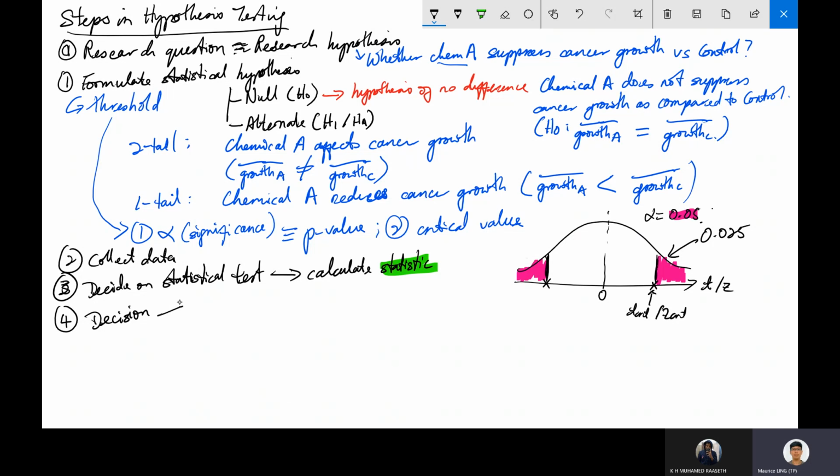When I say accept, it means you fail to reject the null hypothesis. If you fail to reject the null hypothesis, you then accept it. Once you accept the null hypothesis, don't say even a single word about the alternate hypothesis. Any word that you say after that is going to be wrong.